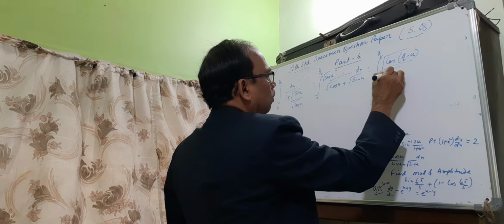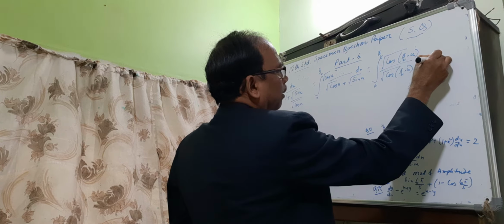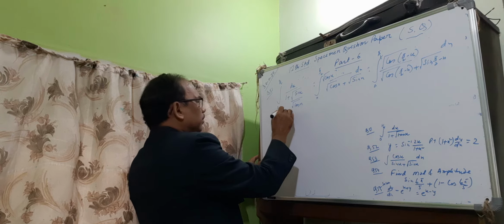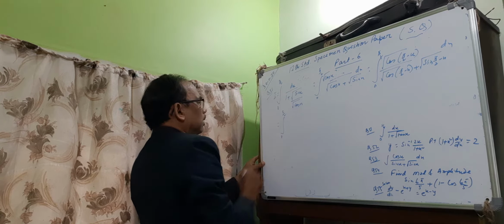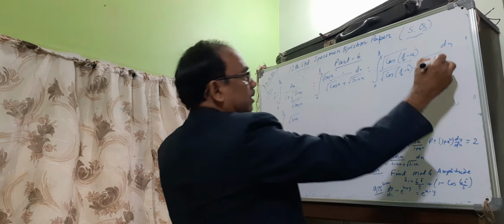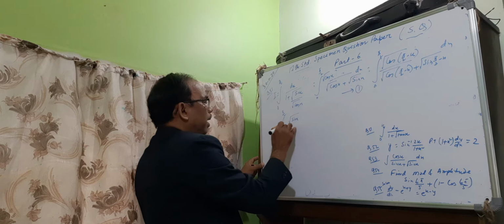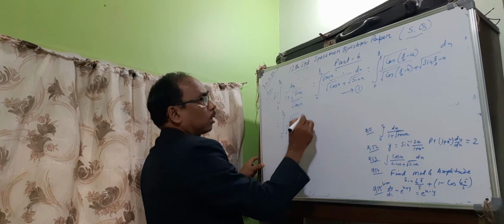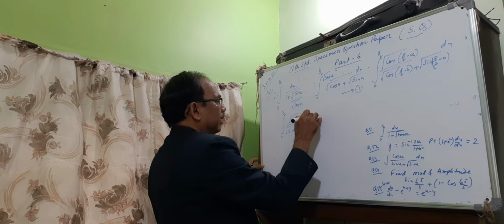Let this be I, equation number 1. Then we get the integral from 0 to pi by 2 of root of sin x by root of sin x plus root of cos x dx, equation number 2.